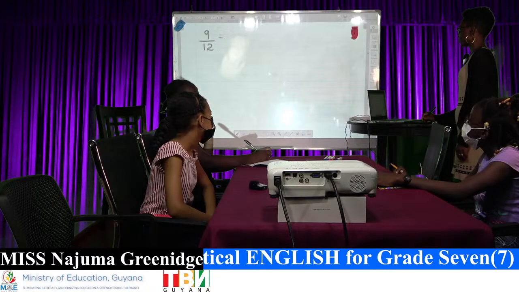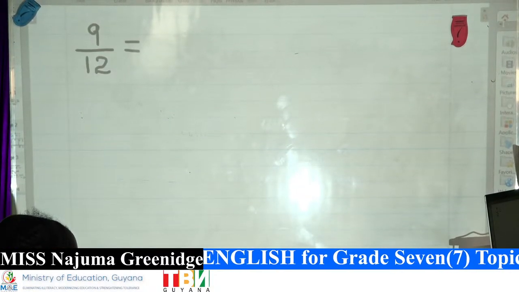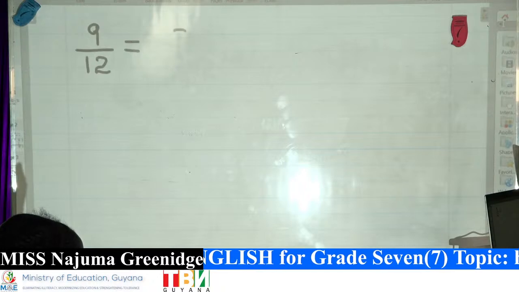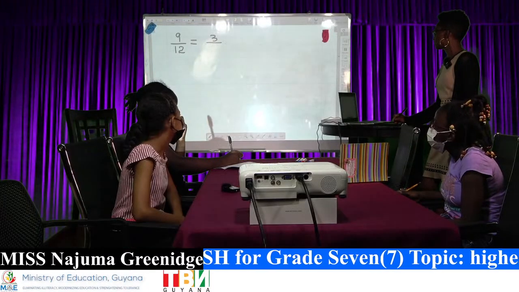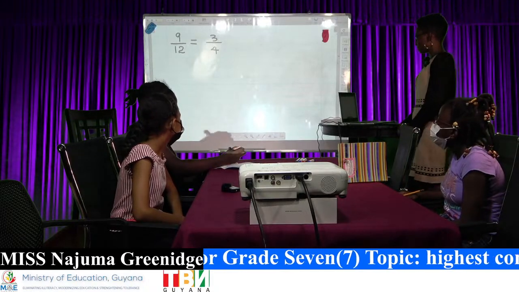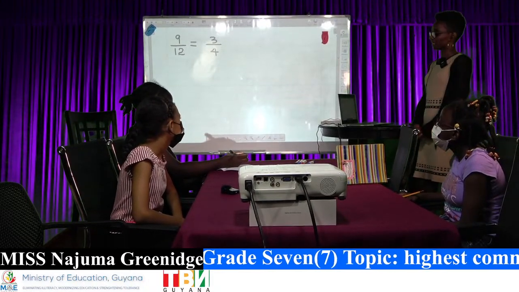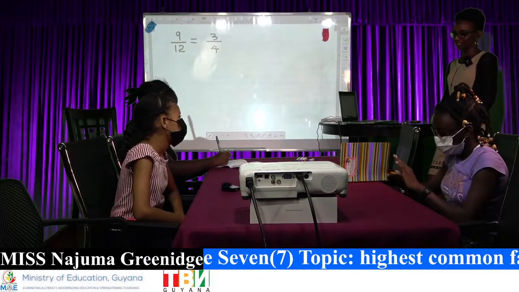So when we reduce that, 3 can go into 9 3 times, and 3 can go into 12 4 times. So 9 parts out of 12 parts is equivalent to 3 parts out of 4 parts. That's the visual you're having.